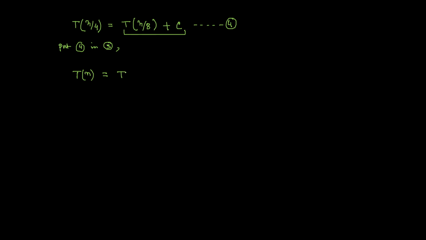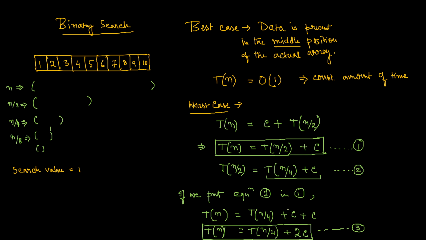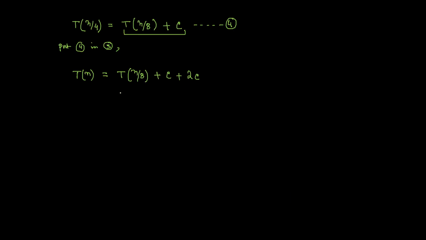So you can write T of n by 8 plus c plus 2c, because 2c was already present here, separately outside this T of n by 4. So as a whole it becomes T of n by 8 plus 3c.